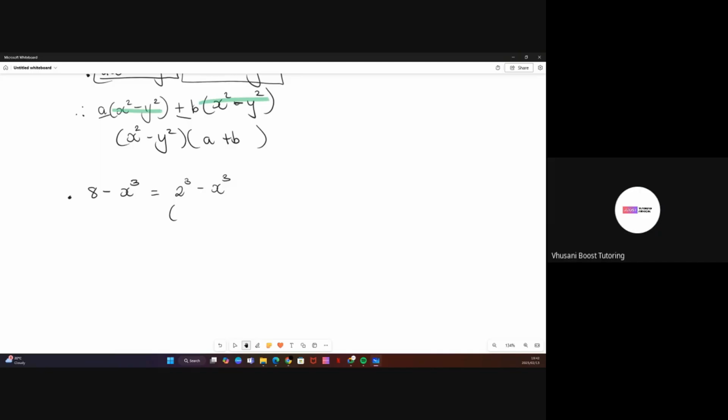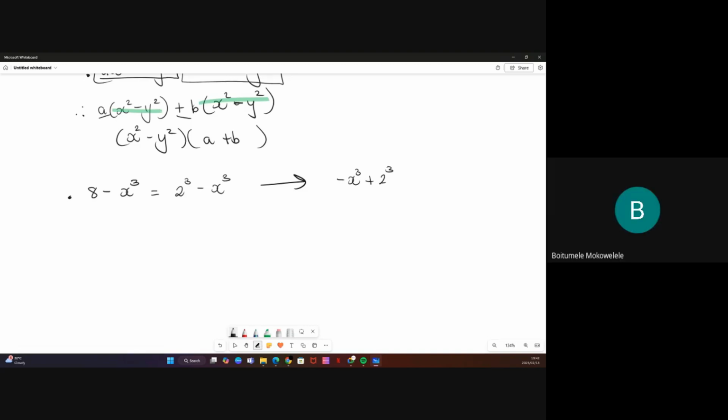Okay, so from here onwards, you can do this two ways. You can rewrite it in the format that you are used to, which is changing it to negative x to the power of 3 plus 2 to the power of 3.